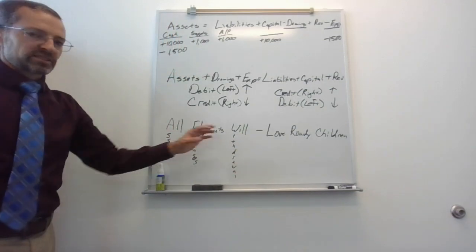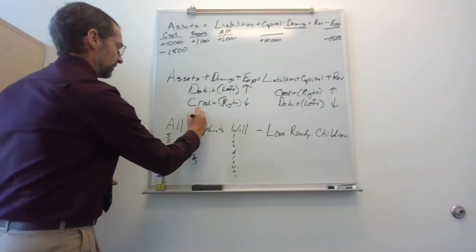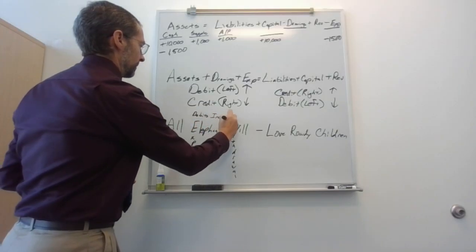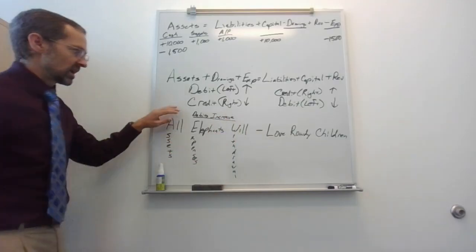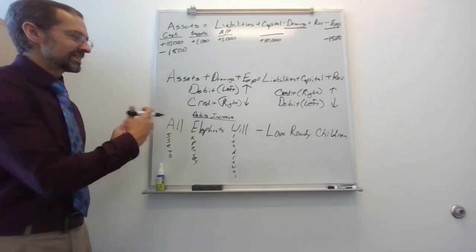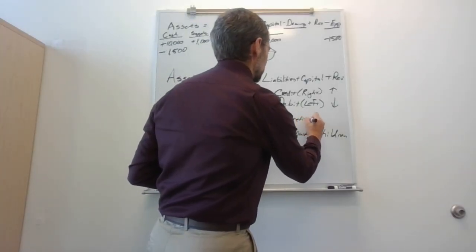These three things, since they're on the left side, debits increase them. And credits, of course, would do the opposite. But left side, debits is on the left side, so debits increase those ones. And here on the right side, the credits increase.